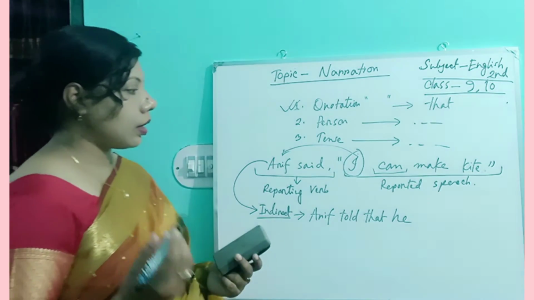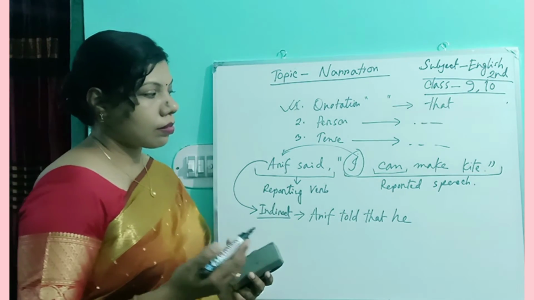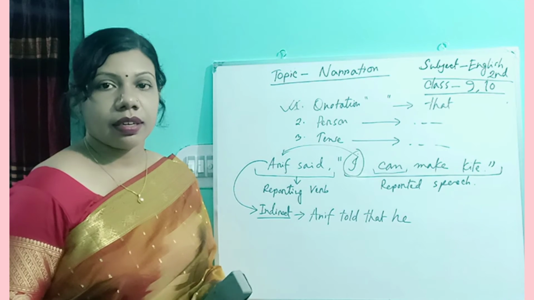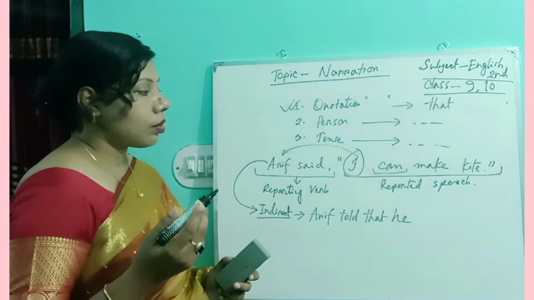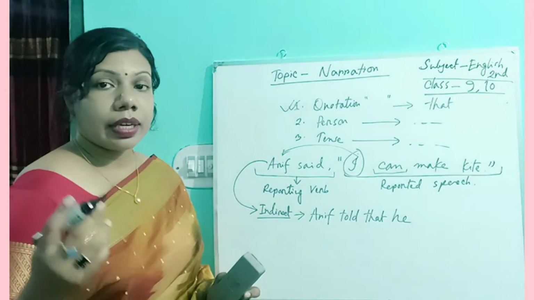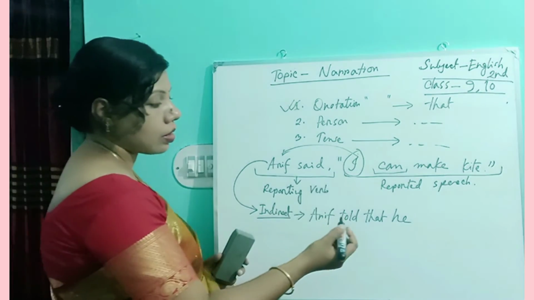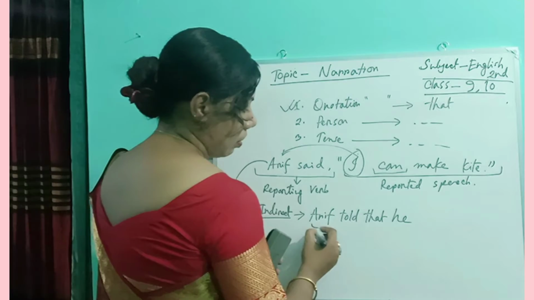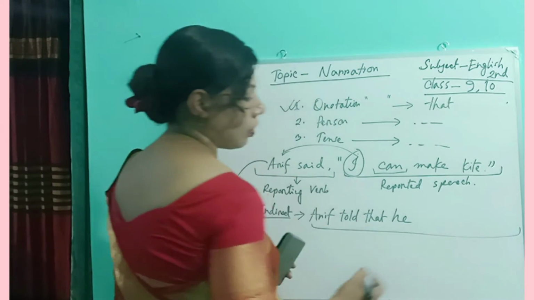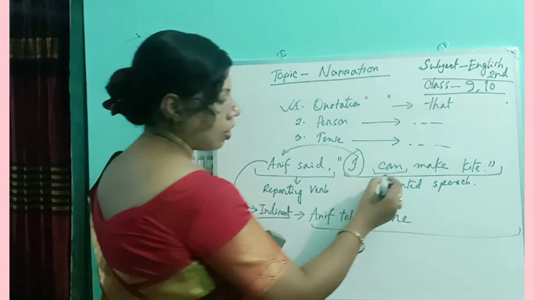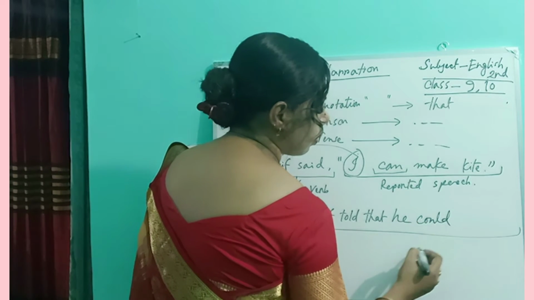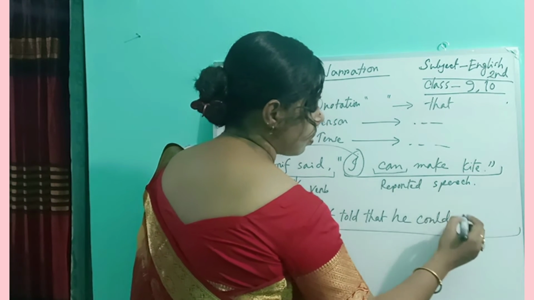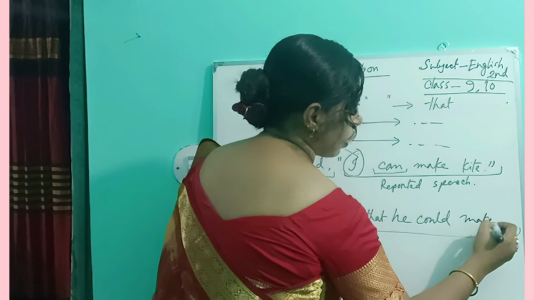We will learn a chart about tense later, but first I am just showing you the basic changes. So here we will put "could make kite."